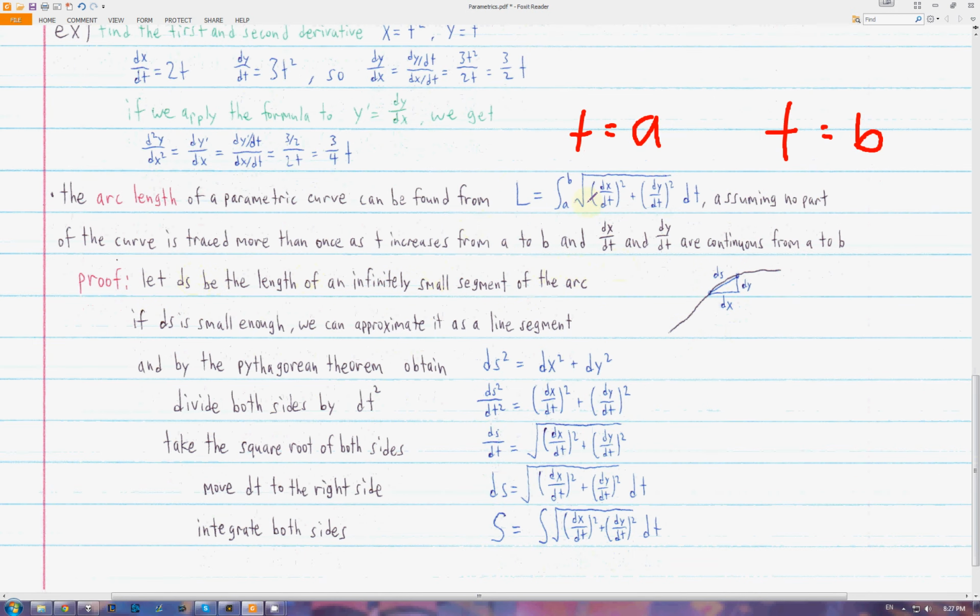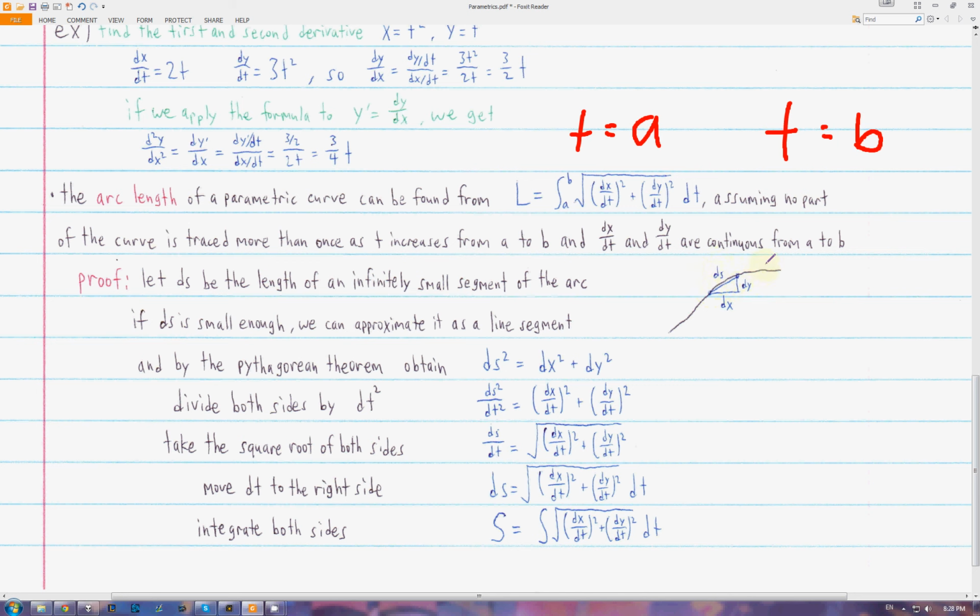To derive this equation, we think about splitting up an arc that we want to find the length of into infinitely small parts. If these parts are small enough, we can approximate them as line segments. We'll say each of these line segments has a length of ds.